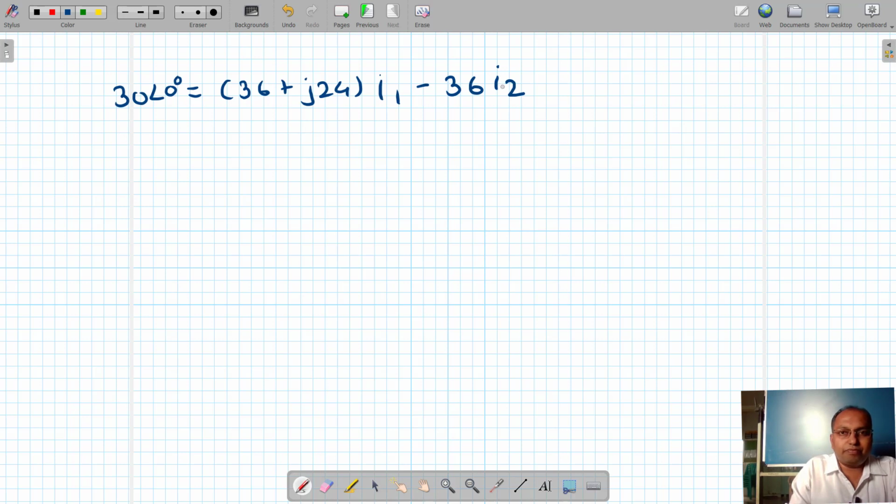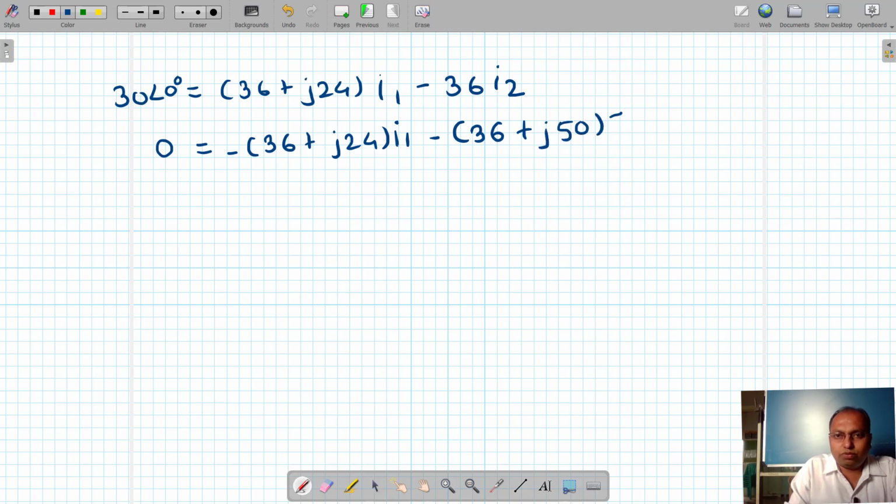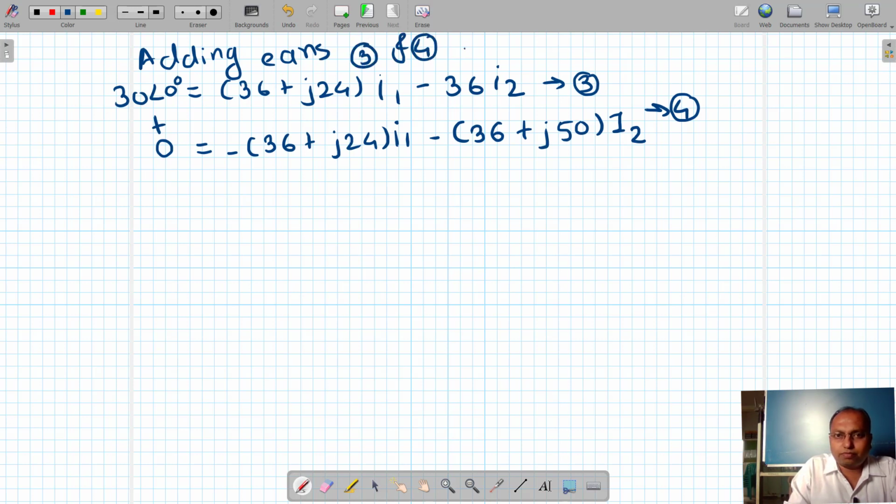This was your equation number 3, and equation number 4 was 0 is equal to minus of 36 plus j24 I1 minus, into the bracket 36 plus j50, into I2. So these are equation number 3 and equation number 4. Now let us add these two equations together.